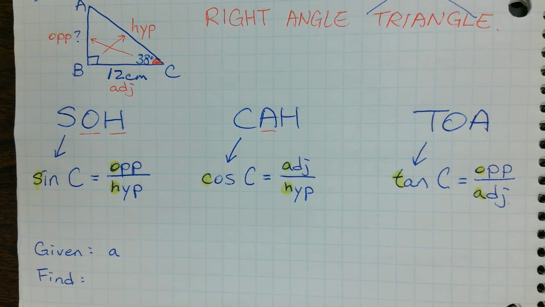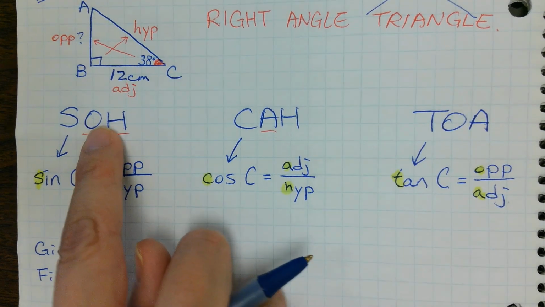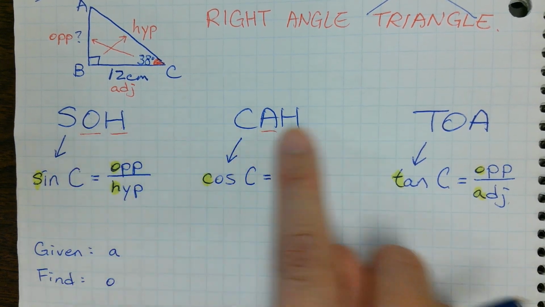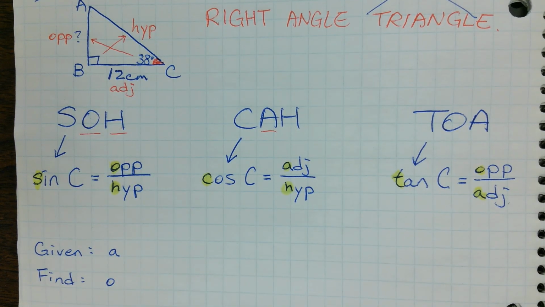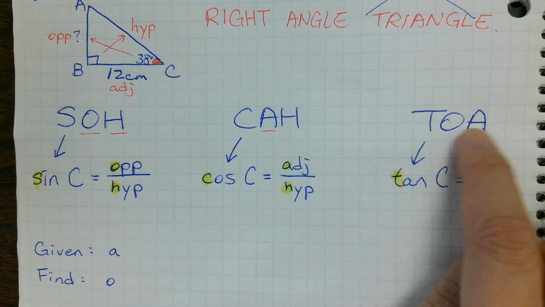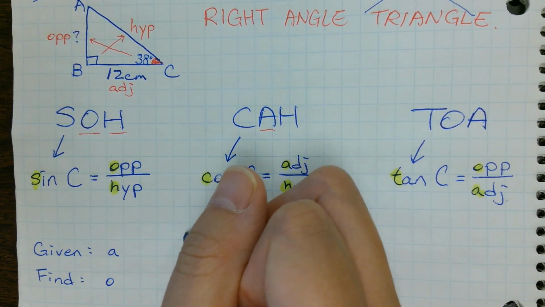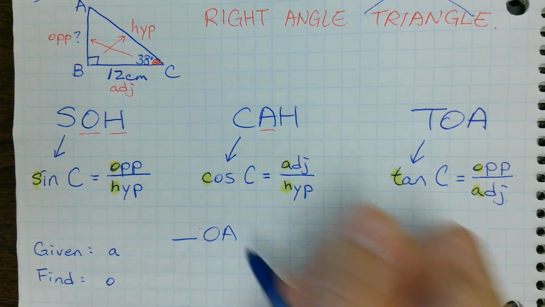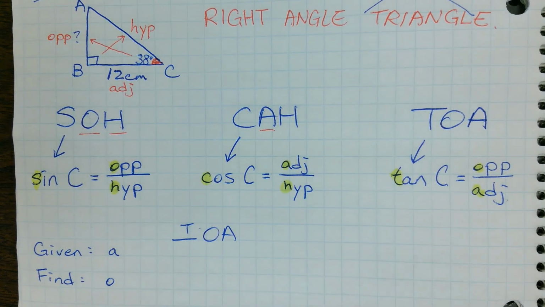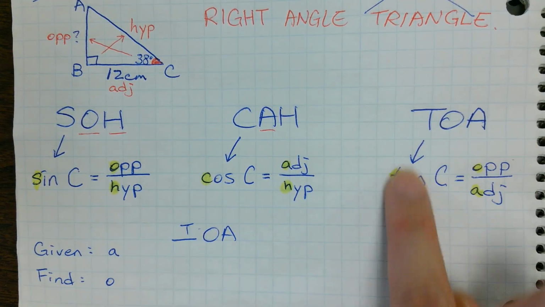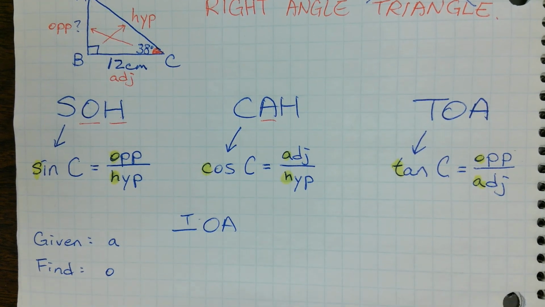And what are you trying to find? Opposite. O and A. Which one of these three has O and A in it? The tangent, TOA. That's how I know. I'm going to use the tangent to solve.